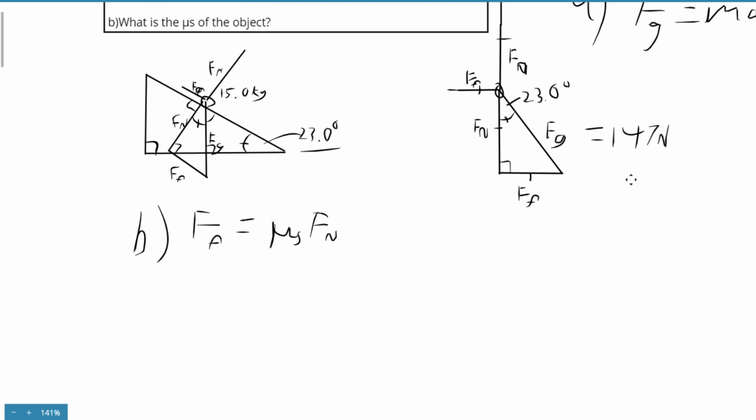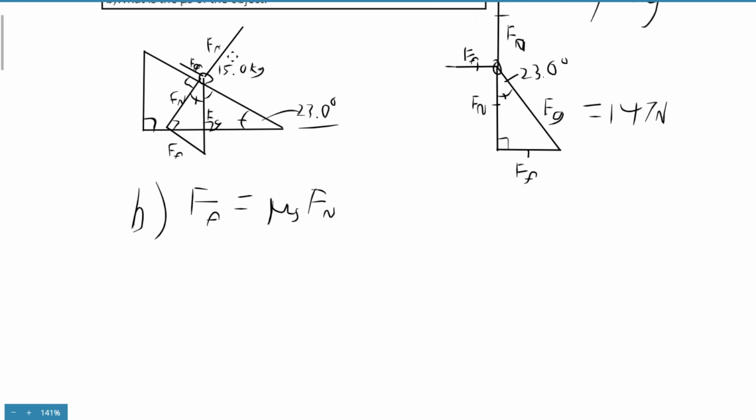To find Ff, we use pretty much the same thing we did in question A. We're looking for the opposite of our angle, and we have the hypotenuse. Opposite and hypotenuse is sine. Sine of 23.0 equals opposite over hypotenuse, so Ff over 147.15 newtons, 3 sig figs.